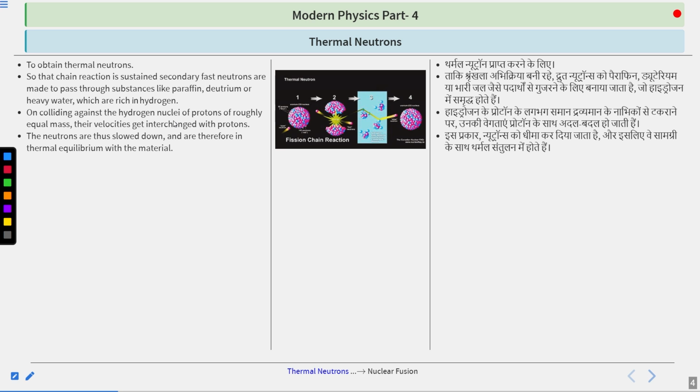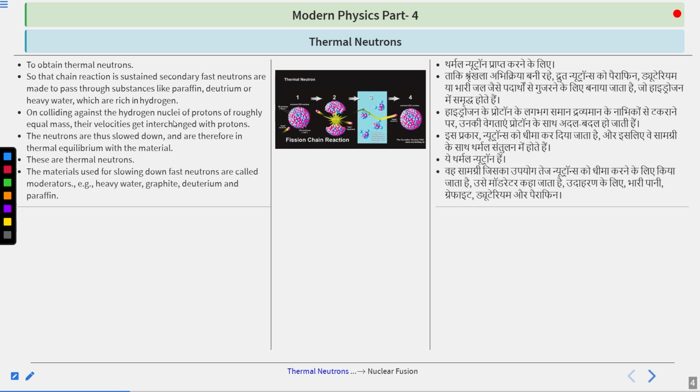The neutrons are thus slowed down and come into thermal equilibrium with the material. These are what we call thermal neutrons. The materials used for slowing down the fast neutrons are called moderators. Examples are heavy water, graphite, deuterium and paraffin.